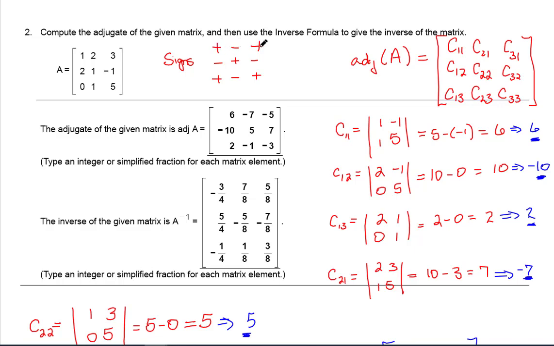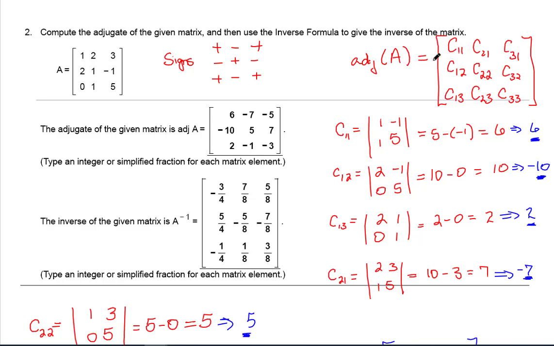So plus, minus, and so on. The adjugate of matrix A is, so C11, C12, C13, different than the normal way I would label it. Well, what is this C11?